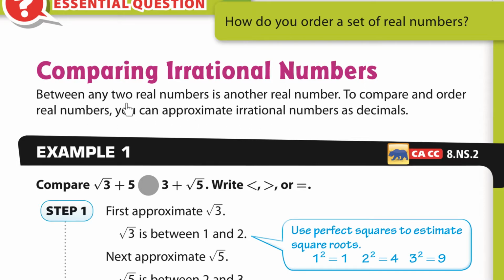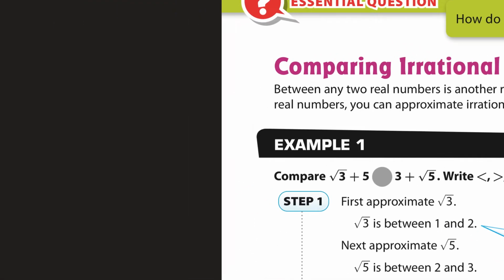Think about that. Between any two real numbers is another real number. Think about that for just a moment. I have an opportunity to use the straight line tool. So in between any two real numbers, let's say 1.12 and 1.13, those are two real numbers.